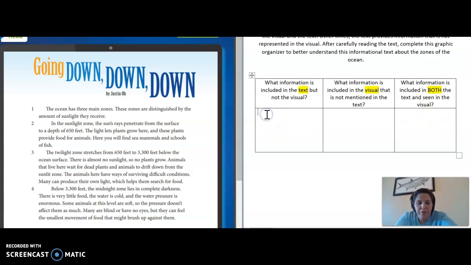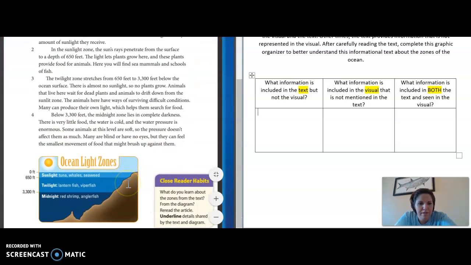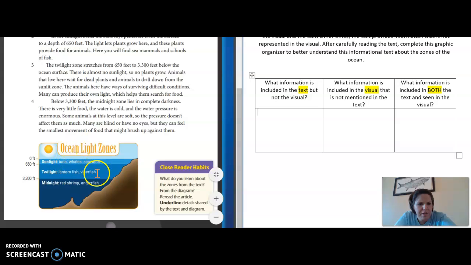As I was reading through this text, guys, the first thing that I saw was that right here in the text, it says the ocean has three main zones, and then it listed those zones: the sunlight zone, the twilight zone, and the midnight zone. And when I looked down here at the visual, I saw that that was also represented in this diagram, naming those three zones.